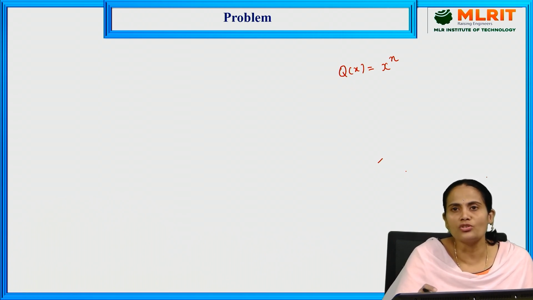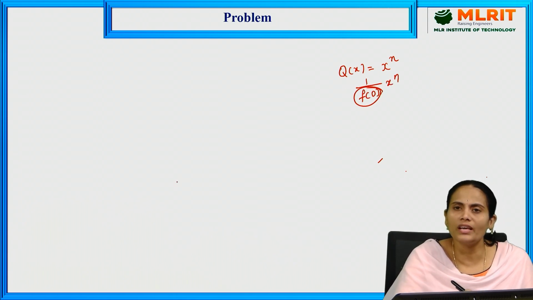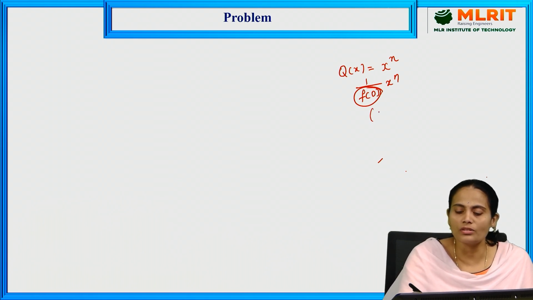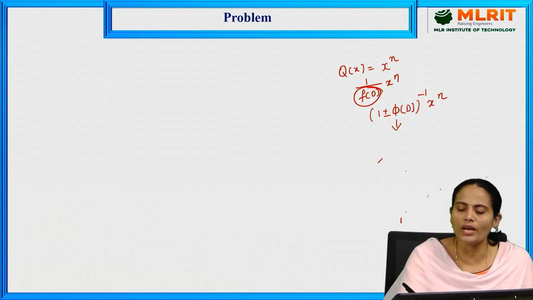First of all you have to take the lowest degree term as common in the denominator, and later you have to write that denominator into the numerator. So that gives (1 plus or minus phi of D) whole power minus 1 into x to the power n.